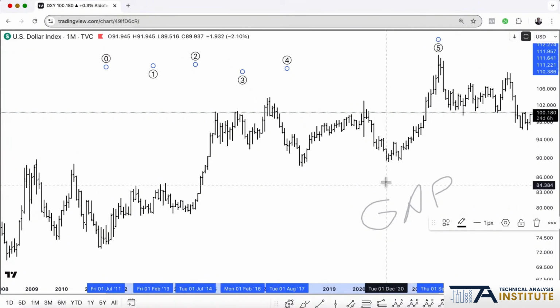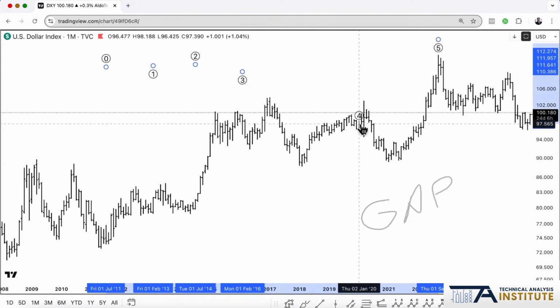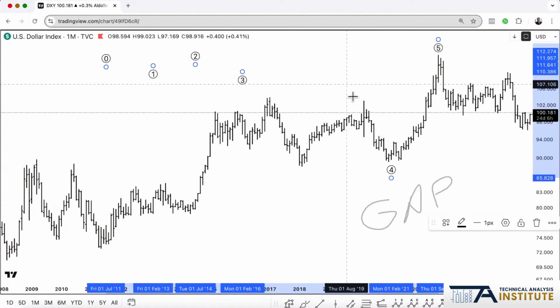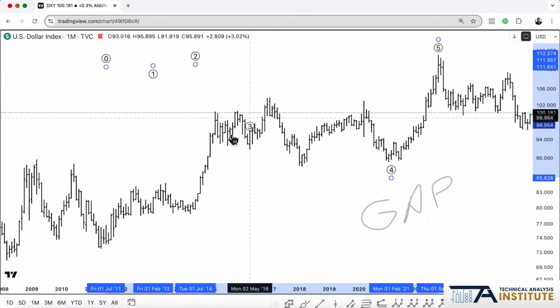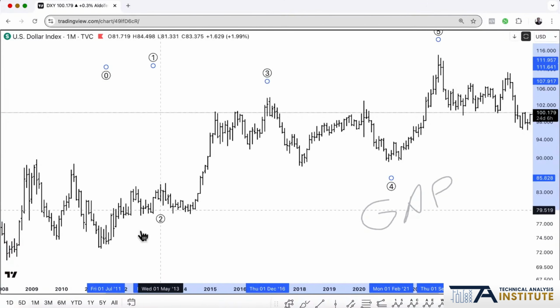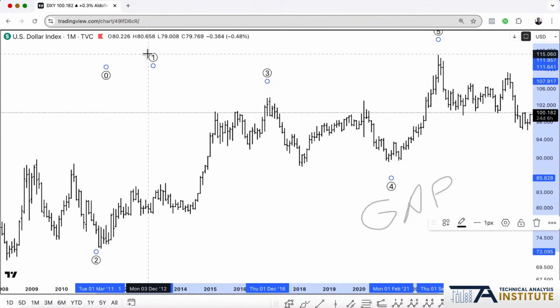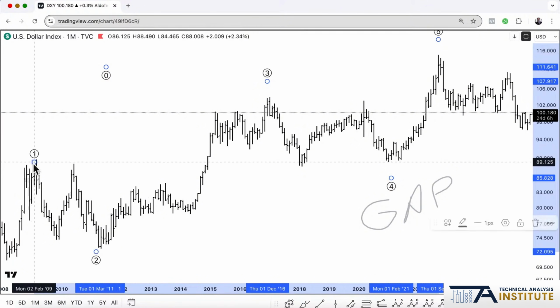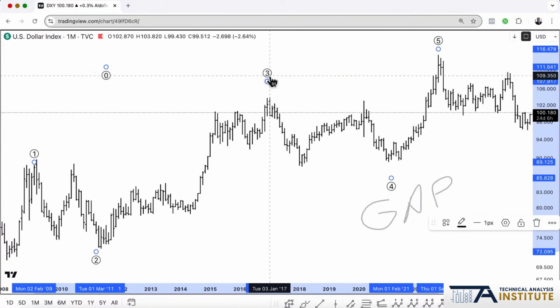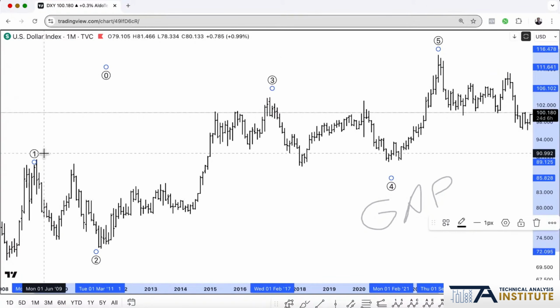And the dip right before that, well, likely a 4, but I'm going to be open in case that is not. Well, then the top, or the top near, has to be the 3. But we already discussed that this is the end of some impulse, so I'm going to put the 3 here. And obviously the 2 will be at the low of that move, which leaves the 1. Notice that we started backwards, right? And now we have a 1, 2, 3, 4, and 5.